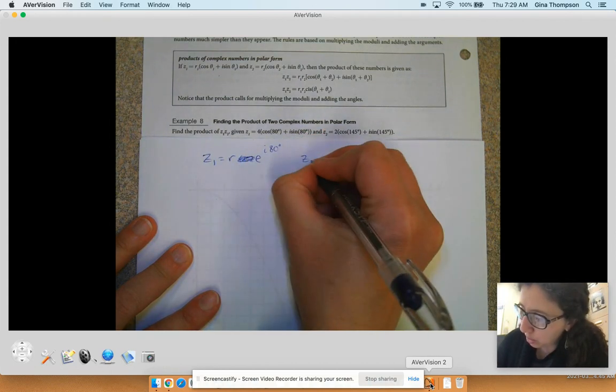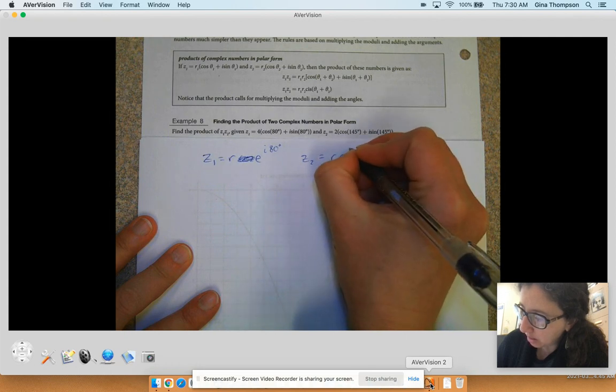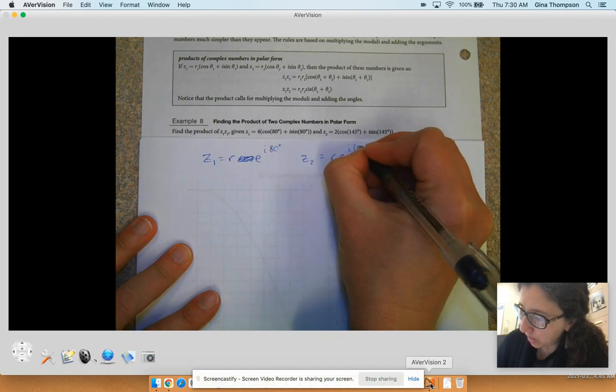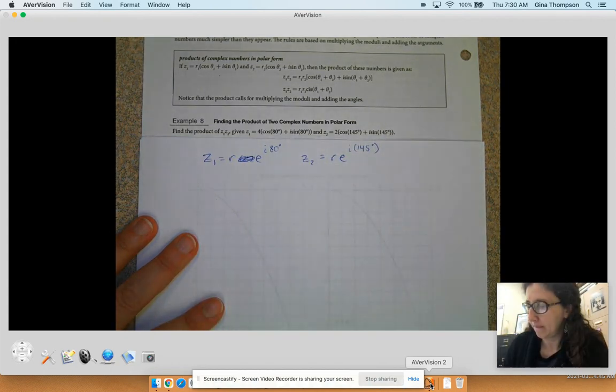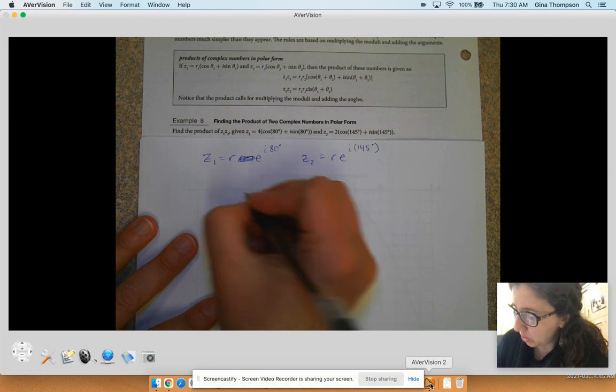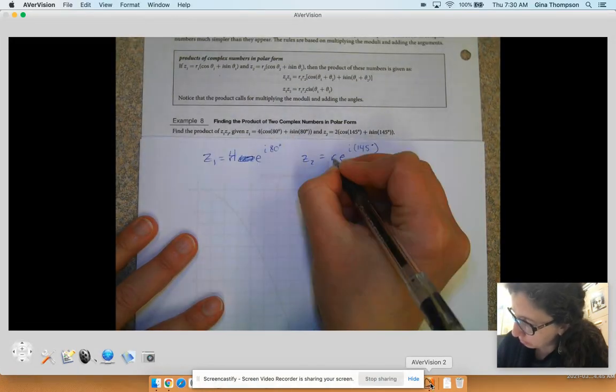And z2 is equal to r times e to the i times 145 degrees. Okay, so, oh wait, this is 4, and this is 2.